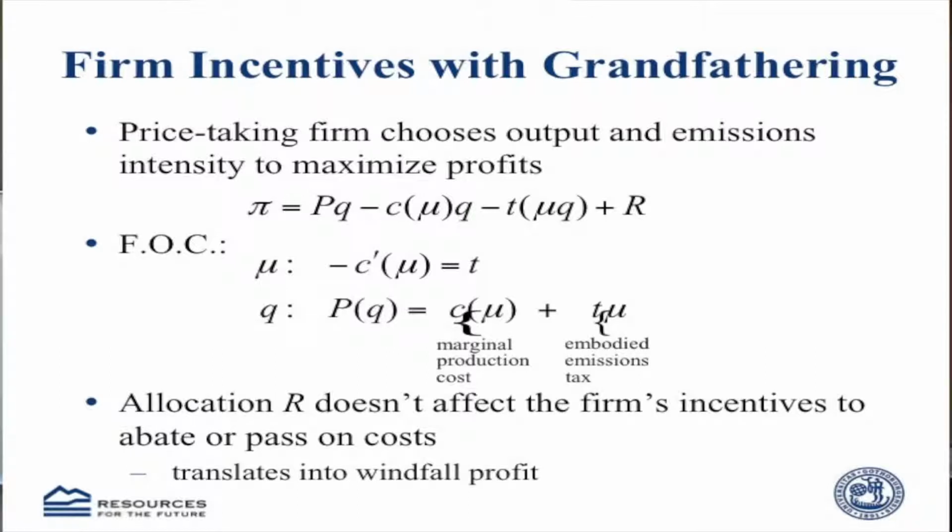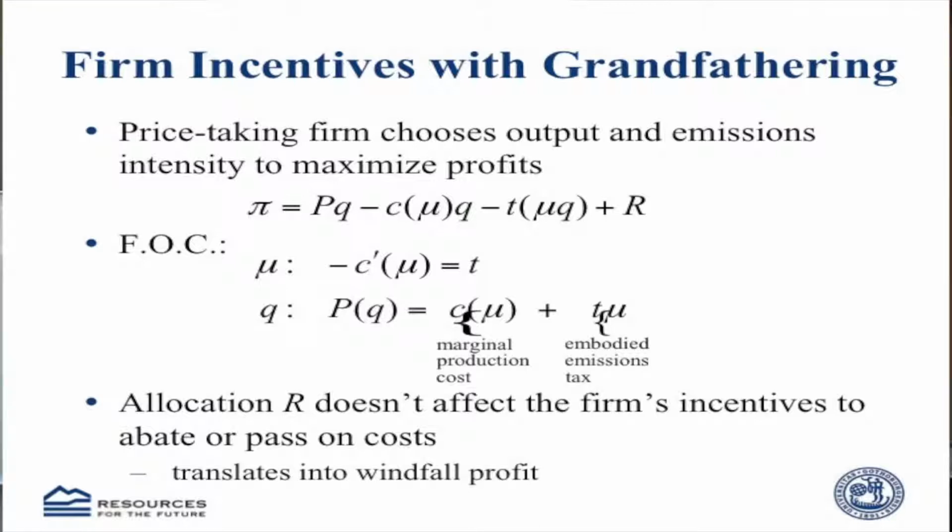Maximizing with respect to emissions intensity, well, it's going to raise your cost, so that's basically your marginal abatement cost. And you set that equal to the emissions price. So you get marginal abatement cost equals emissions price.